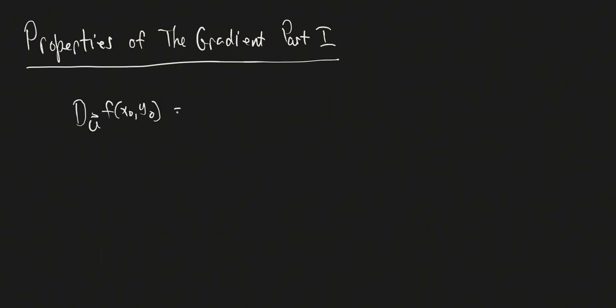But then we saw that we can express this in this form. And we should be pretty familiar now with all this notation. Just a little reminder that the u1 and the u2 are the respective components of our unit vector, our direction vector, if you will.